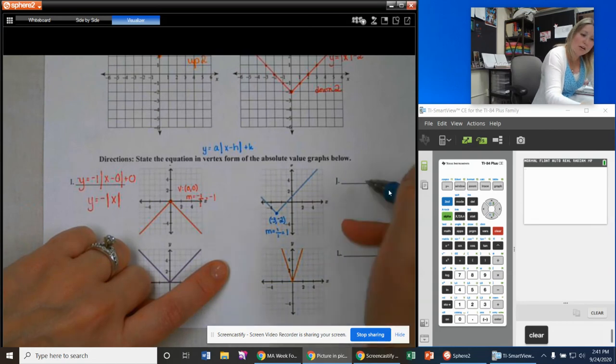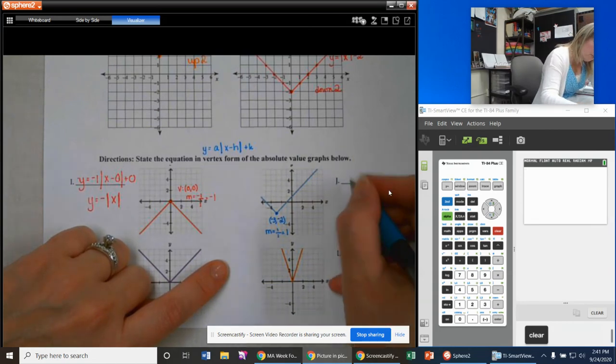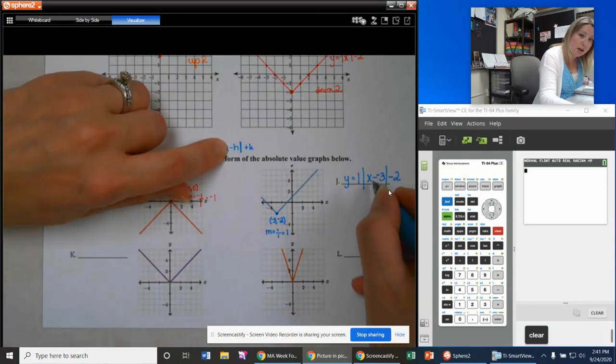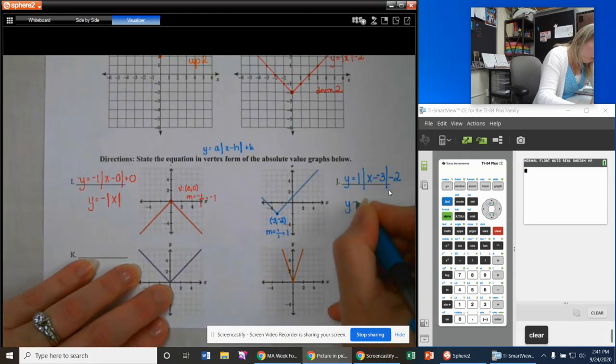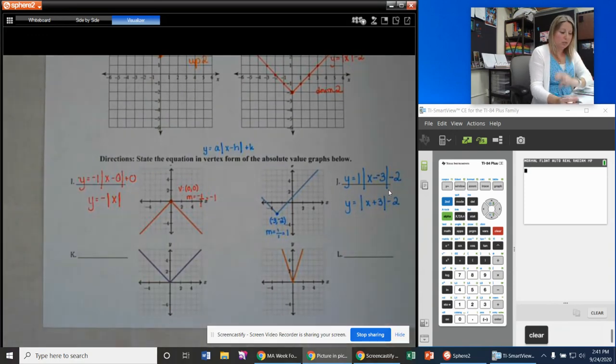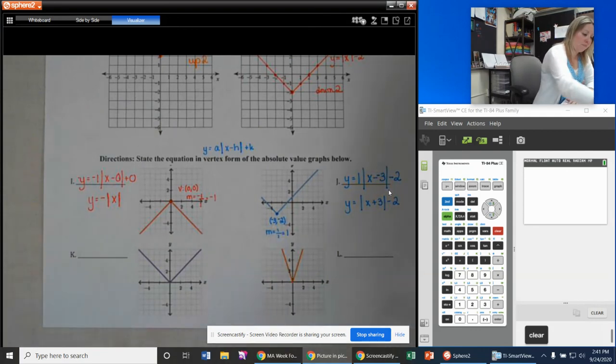Let me plug everything in generally and then simplify. So y equals 1 absolute value of x minus a -3, minus 2 on the end. Because it's minus a minus, y equals the absolute value of x plus 3 inside the bars minus 2 on the outside of the bars. So see that simplifying down? Now it makes sense why this is the opposite sign.